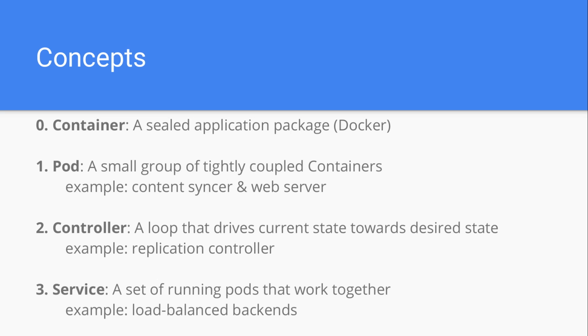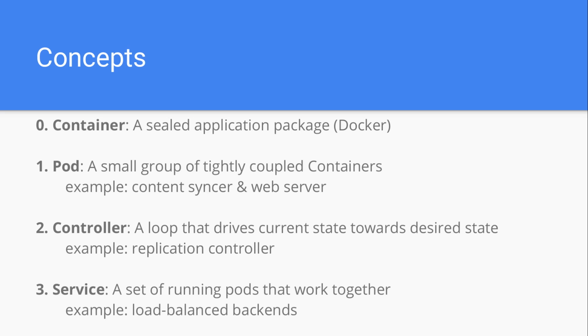At first, we have container. It's some sealed application package, like Docker, maybe you have heard about it. We have pod, a small group of tightly coupled containers, for example a content syncer and web server. We have controller, a loop that drives current state toward desired state, for example a replication controller.